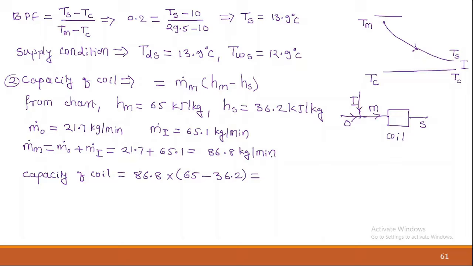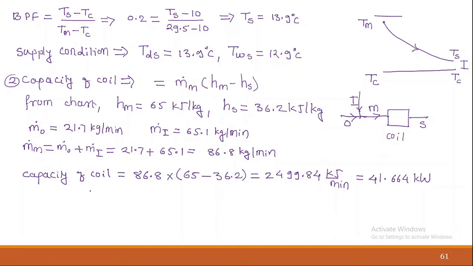So if I solve this, I'll get answer as 2499.84, that is in kilojoule per minute. Okay, if I try to convert this into kilowatt, we have to divide it by 60. So this would be equal to 41.664 kilowatt. So this is the capacity of the cooling coil. That means it can absorb heat of 41.66 kilowatt.